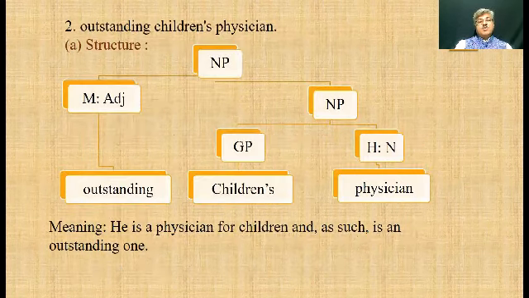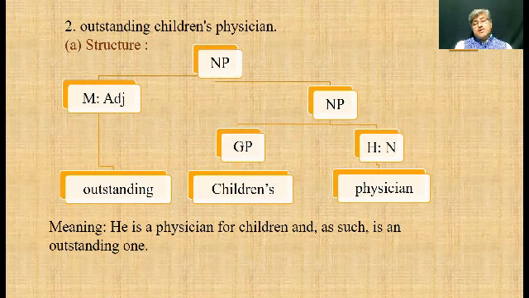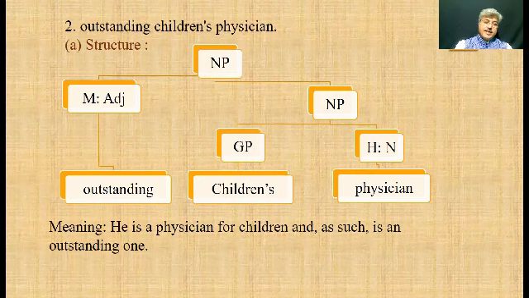For example, we will try to study with the help of this tree diagram. Number second example is outstanding children's physician. Dear learners, you have to read once, twice, thrice to understand the meaning. Outstanding children's physician. Structure 1, NP, modifier adjective outstanding.